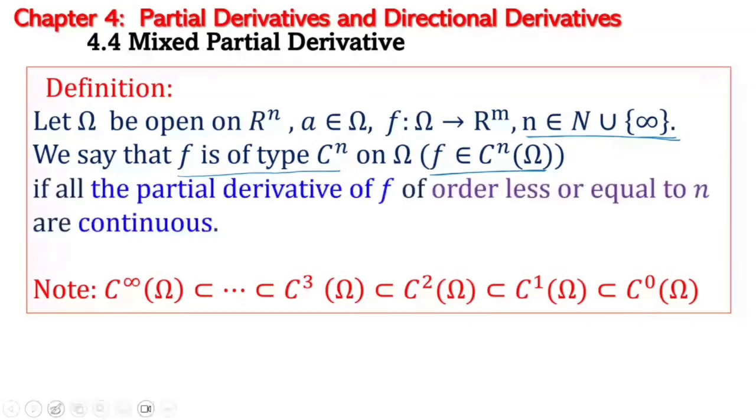So this definition says that f is Cⁿ if all the partial derivatives of f of order less than or equal to n are continuous.